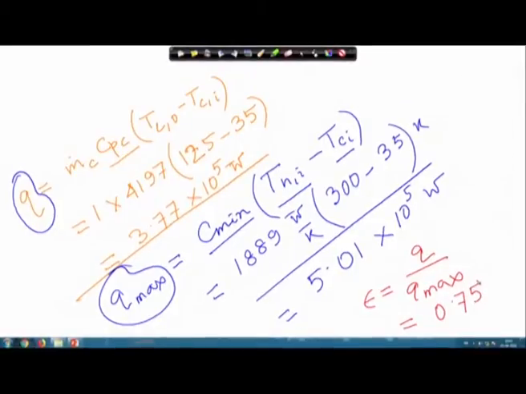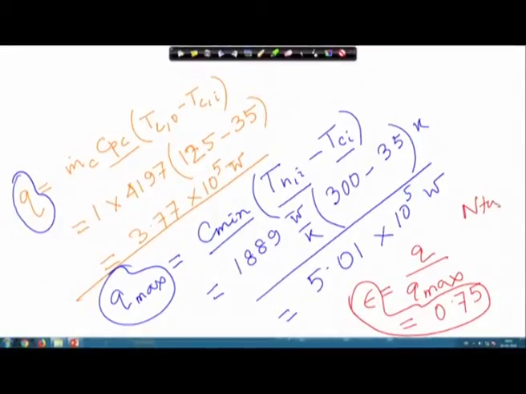So when we know the effectiveness of the exchanger, now we can use the appropriate correlation from where we can estimate the NTU.